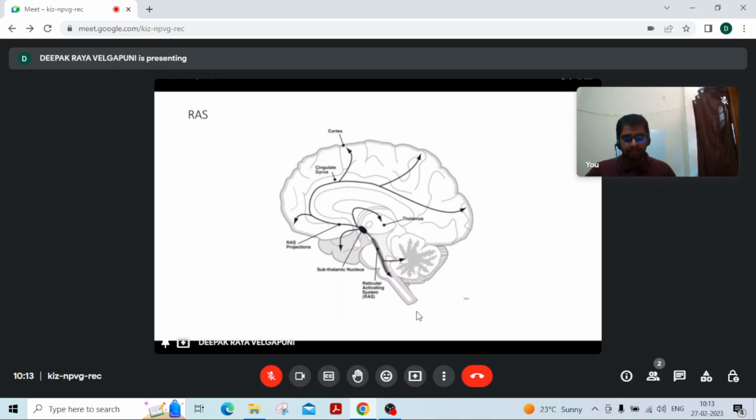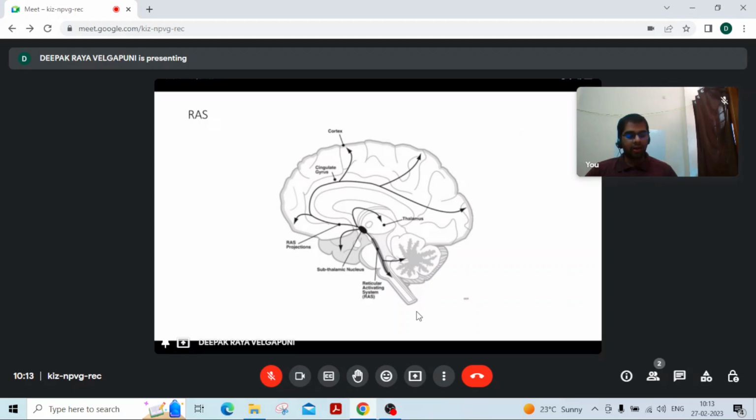There is another system called the reticular activation system, which coordinates your sleep, circadian rhythms, and various homeostatic processes, to maintain your homeostasis. It has more diffuse projections.